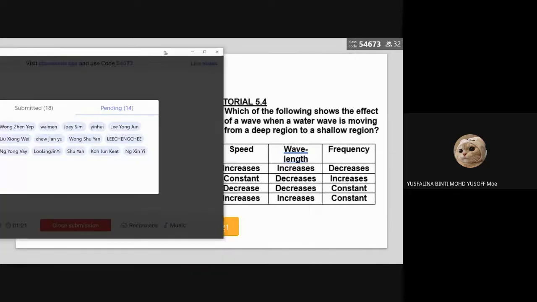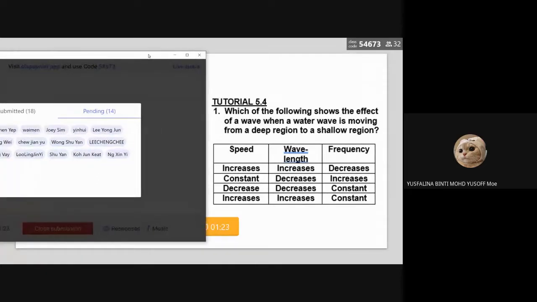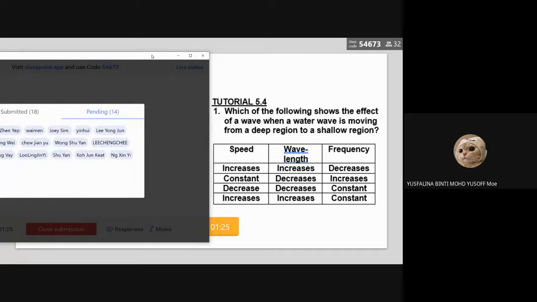So it says the wave travel from the deep to shallow region. So means there must be a change in the speed and also in the wavelength.